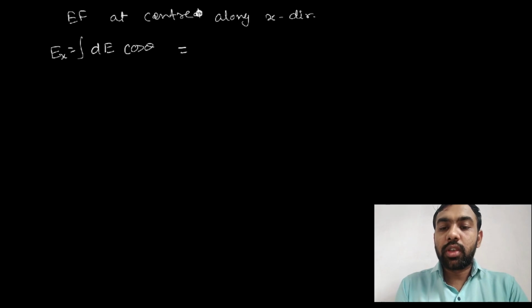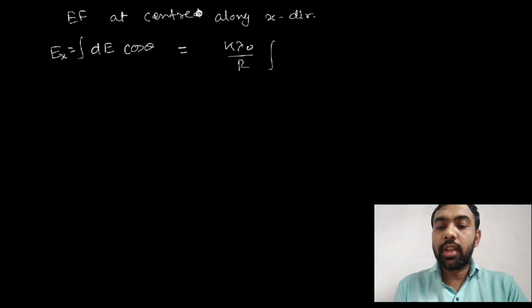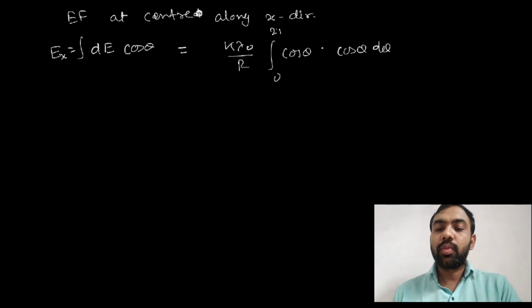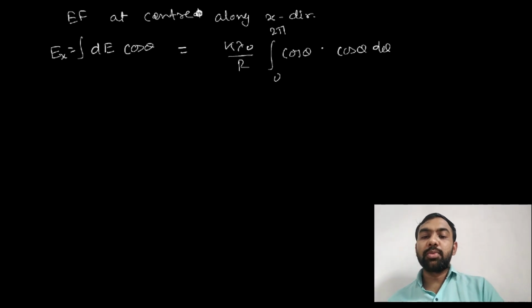Put the value. So k lambda 0 upon r integration cos theta into d theta, 0 to 2 pi. Means put the value of dE; dE is equal to k lambda 0 upon r cos theta d theta.